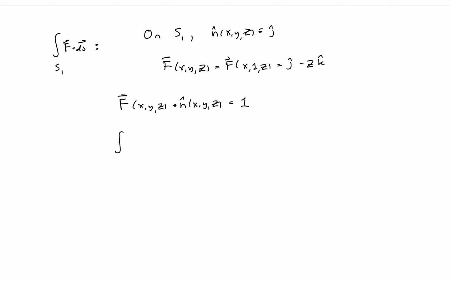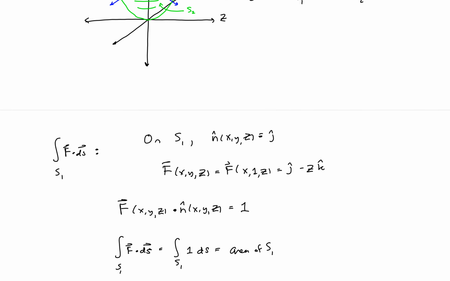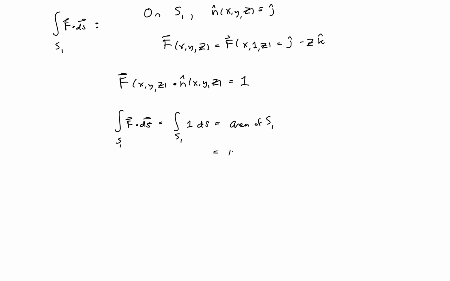So when I look at this flux integral of F dot dS, this is just the integral over S1 of 1 dS. And so this is just the area of S1. In that case, we know this is a disk of radius 1. So this is just going to be pi times 1 squared, which is just pi.